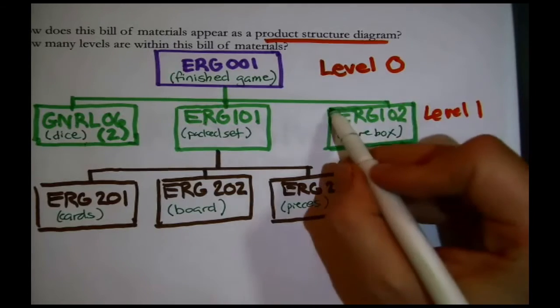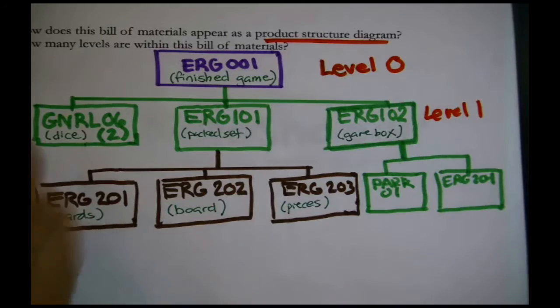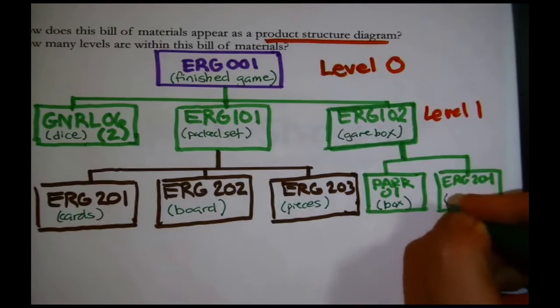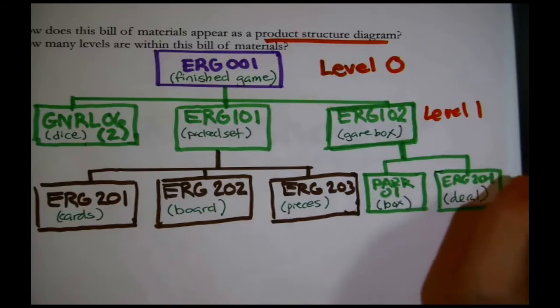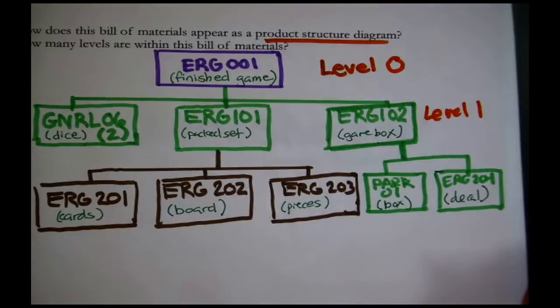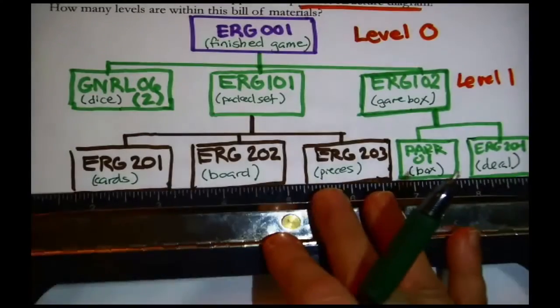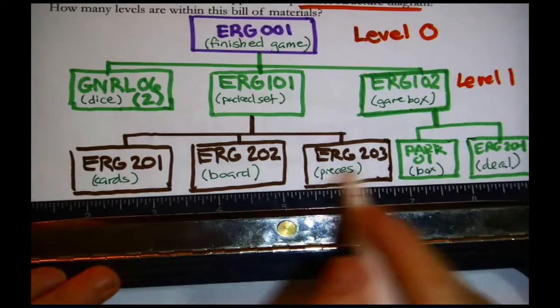Right, you make a finished game box by bringing together the standard box that's just a blank box with the decal that has all the pretty graphics on it. That creates the finished game box. Okay, good. It's getting a little wibbly, but they are all actually in one line.